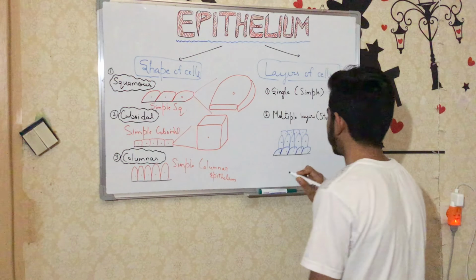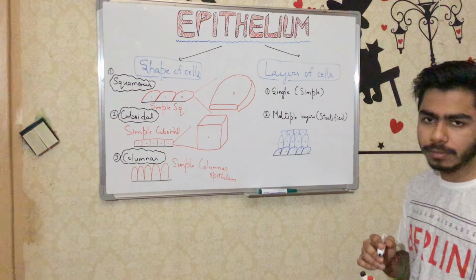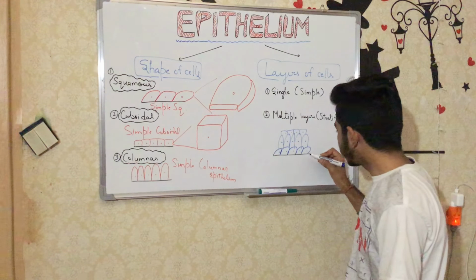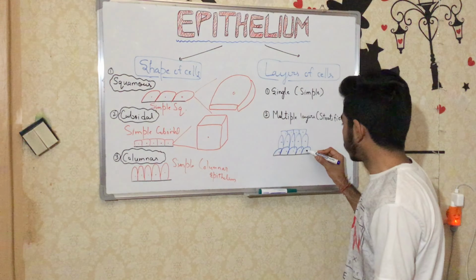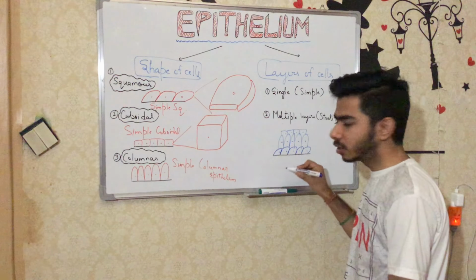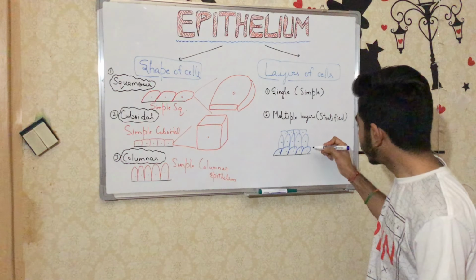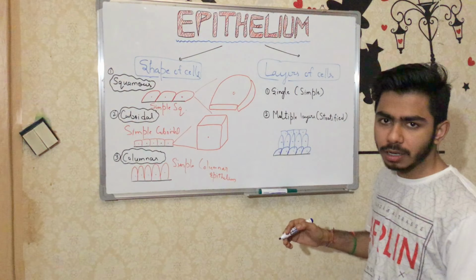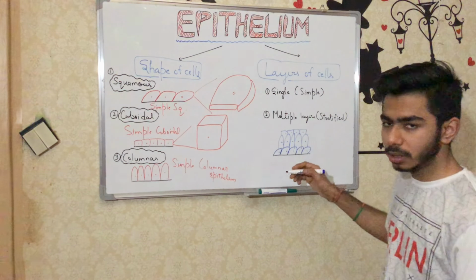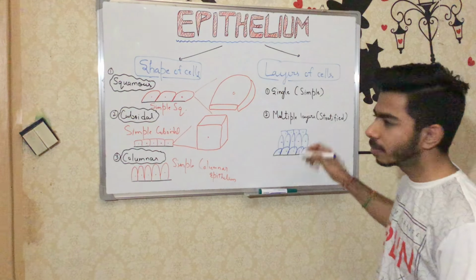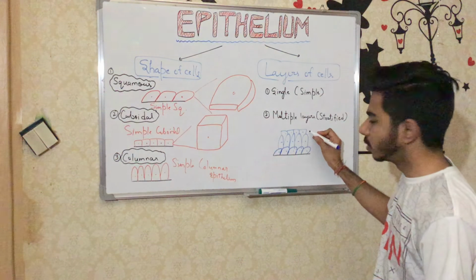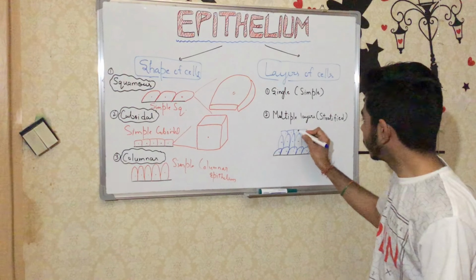And here I have drawn the cuboidal ones. So what epithelium is it? You might say simple squamous, since flat cells are attached to the basement membrane, but you can see this is not a single layer, so we will not call it simple. Here we can see multiple layers, but the topmost layer has cuboidal cells.